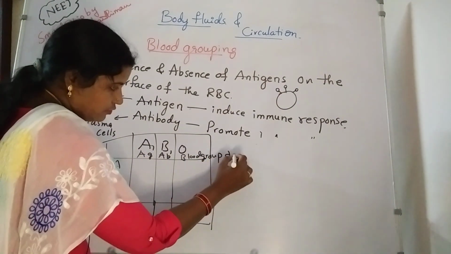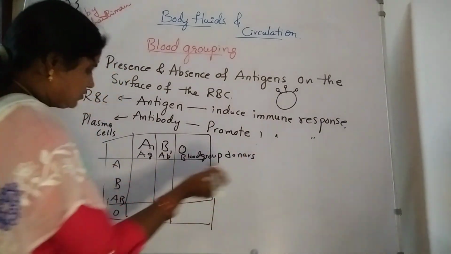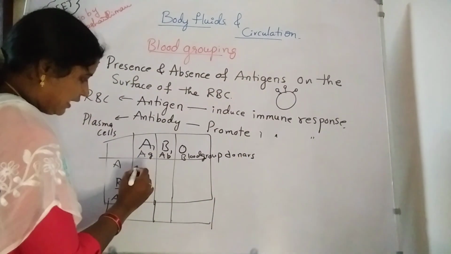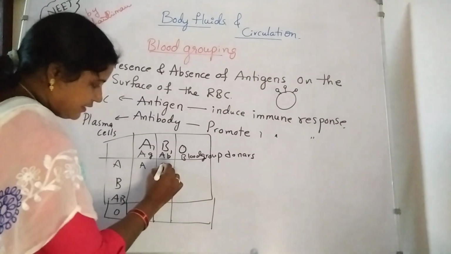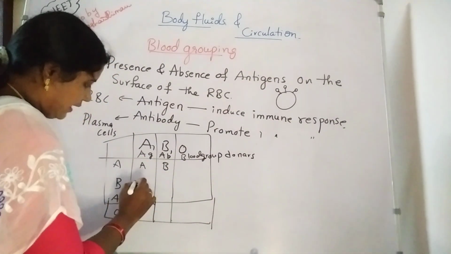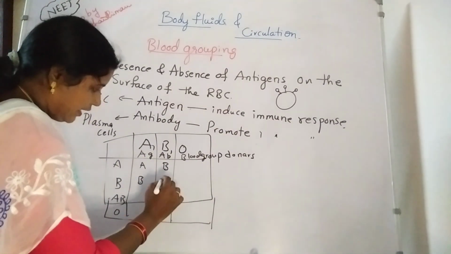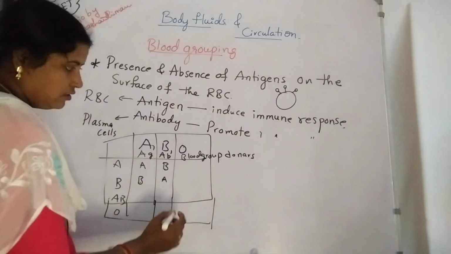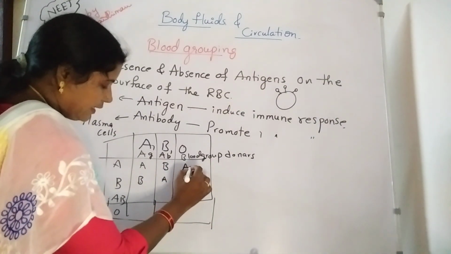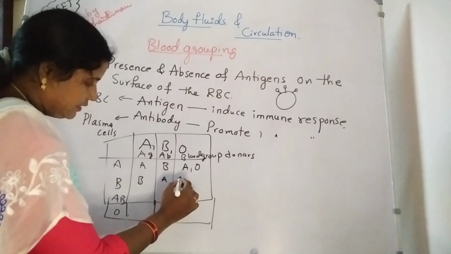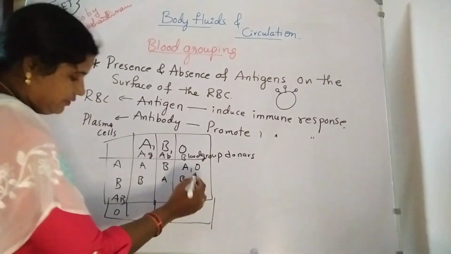Okay, blood group donors. So first one, the antigen is A, antibody is B, and here antigen is B, antibody is A. So the blood group donors for A are A and O, and here the blood group donors for B are B and O.